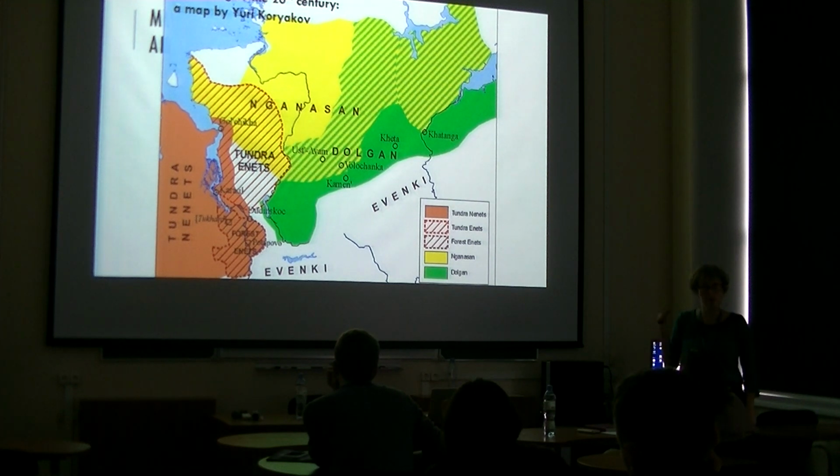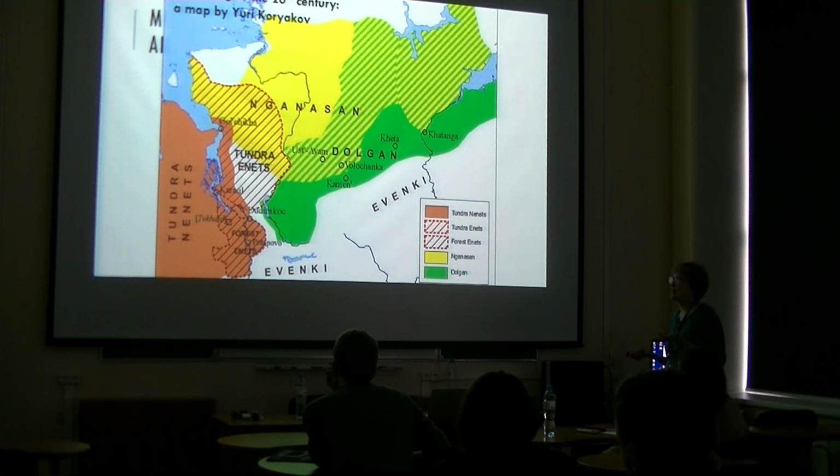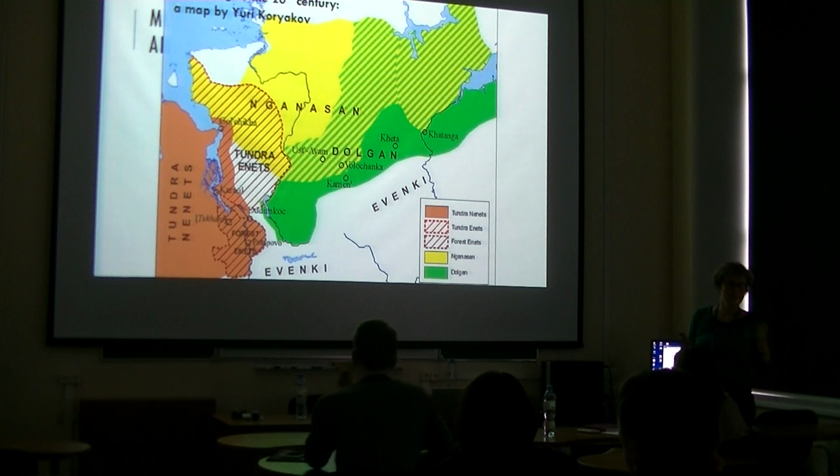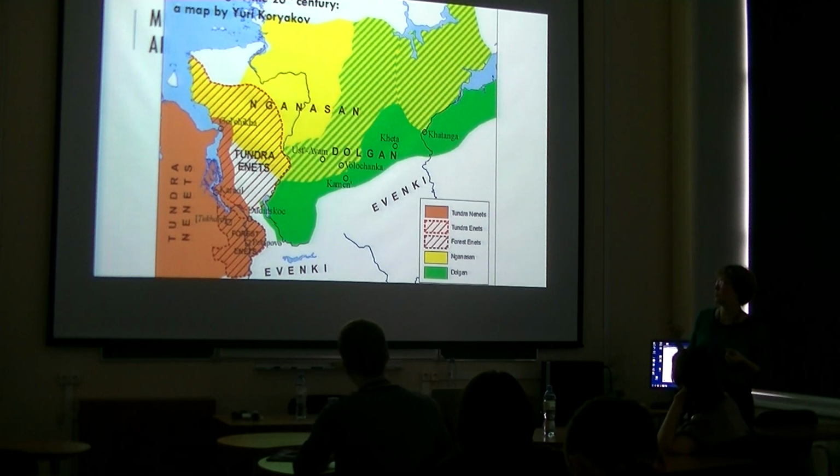So there are very few people living here. And so all this yellow, the Nganasans, maybe at the beginning of the 20th century, it's about 1,000, but that's really huge territory. And when we speak about this area where they all intersect, it basically means that there are about 10 to 20 families sharing it, some of which are Tundra Enets, some of which are Tundra Nenets, and some of which are Nganasan.